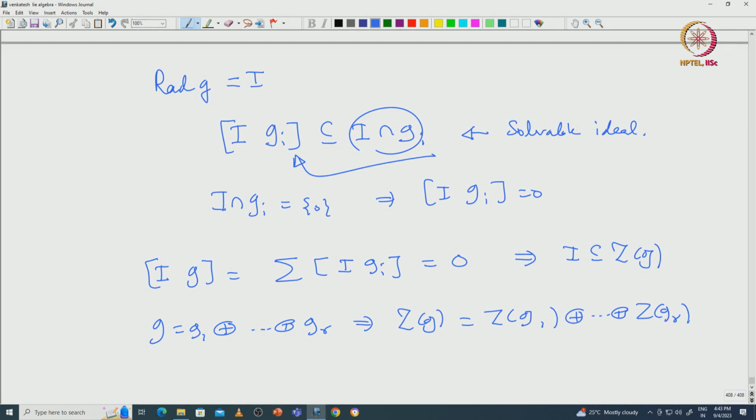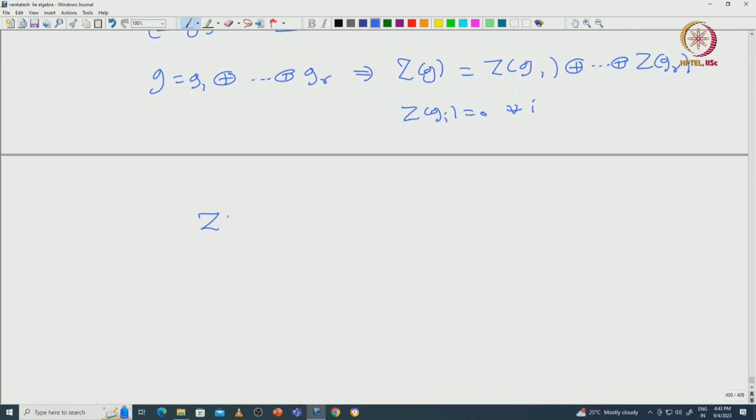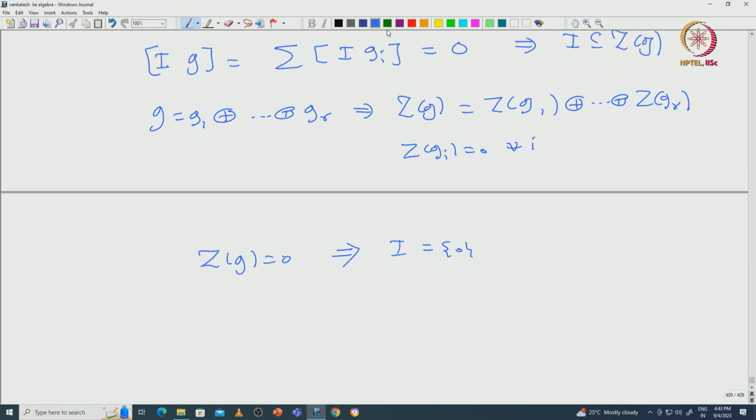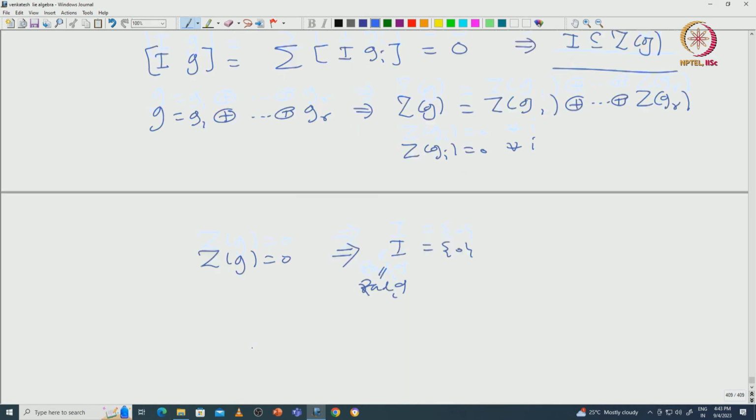Since each Gi is a simple ideal, Z(Gi) is 0 for all i, and that tells us that the center of G is 0. So, I is 0 because I is a subset of the center of G. This proves that I, which is the radical of G, must be 0. So, that proves that G is semi-simple.